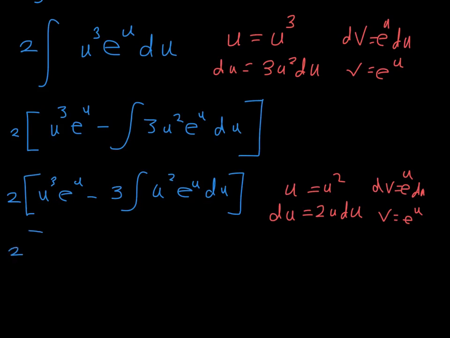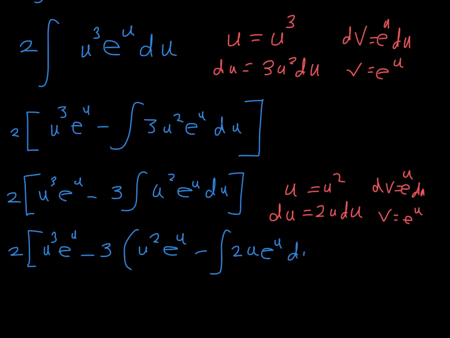So it's 2 times u cubed e to the u minus 3 times, I'm going to open up a set of parentheses. So it's uv, which would be u squared e to the u minus the indefinite integral of v du, which would be 2u e to the u du.